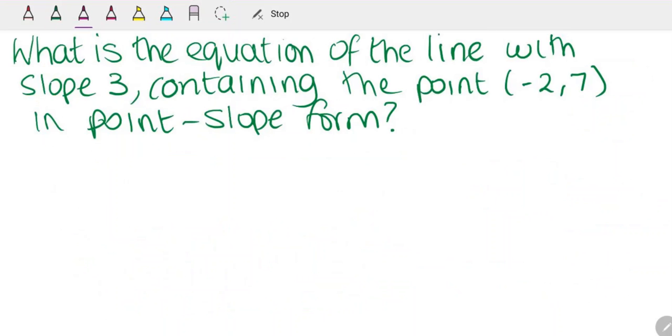Okay, so next question. What is the equation of the line with slope 3 containing the point -2, 7 in point slope form? So we have, there's our m value, the slope. Our points are -2, 7. And we need the answer in point slope form.